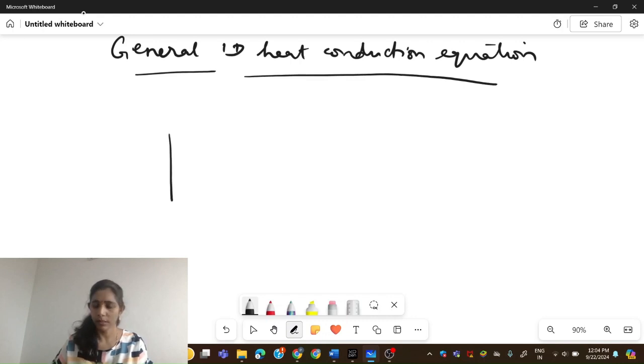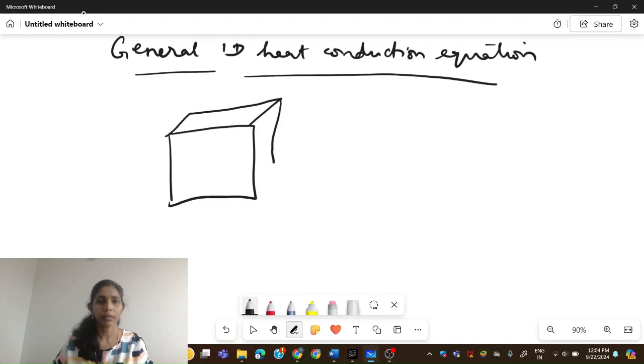I'm going to take an object, a 3D object. In that I'm going to take a small element of infinitesimal thickness at a distance of x from the 0 coordinate, that is the x coordinate.